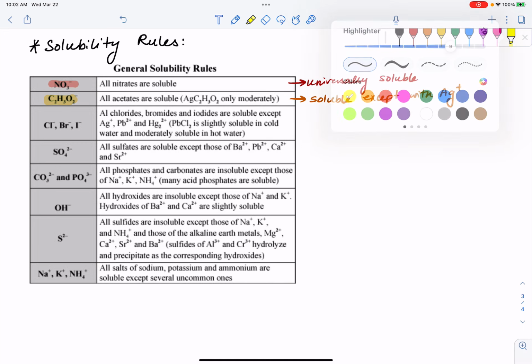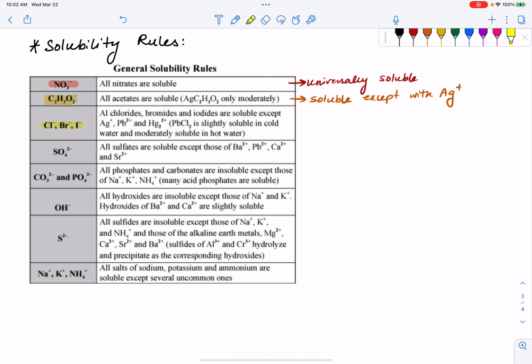And then up next we have our halogens, so chloride, bromide, and iodide. These are all soluble with a few exceptions. So halogens are soluble, except with some particular transition metals or polyatomic ions.